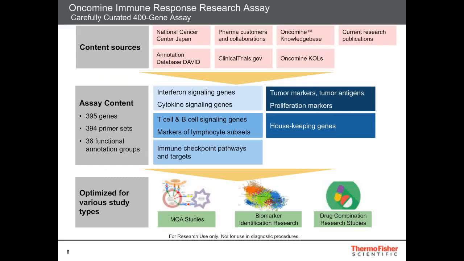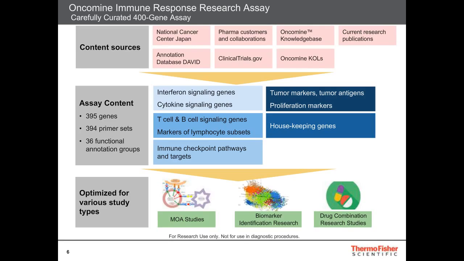The panel consists of assays to measure gene expression of about 400 genes in an FFPE sample to identify the tumor microenvironment. We curated these 400 genes from a number of sources.